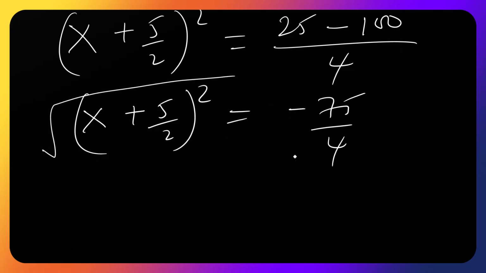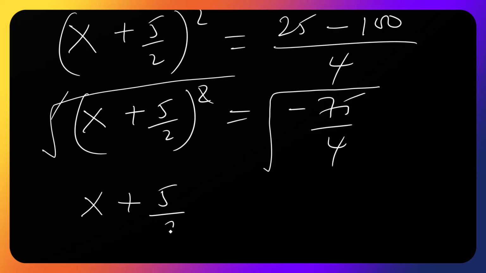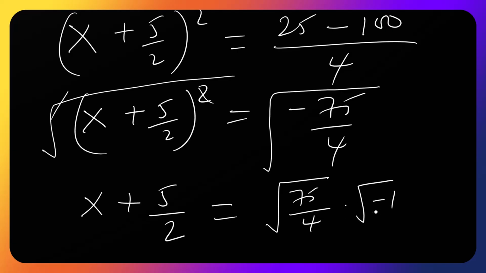So let's take the square root on both sides. This side will cancel. X plus 5 on 2 equals plus or minus the square root of 75 on 4 times the square root of minus 1.